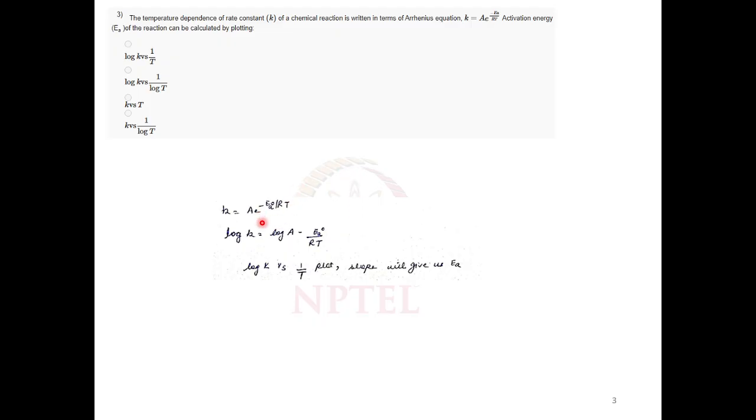If you take the log of k, that is equal to log A minus Ea by RT. From there you can see how the temperature dependence can be calculated: a plot of log k versus 1 by T.